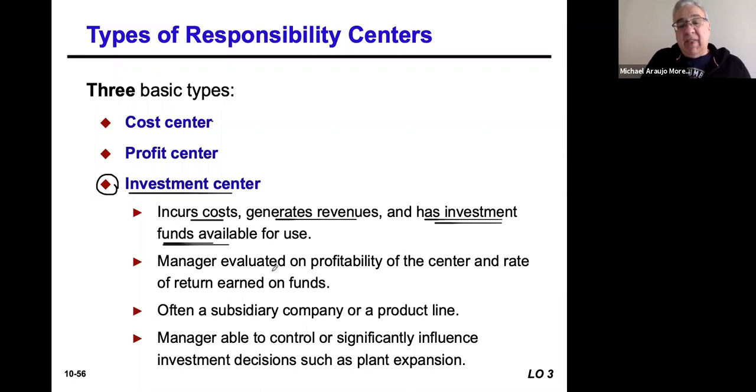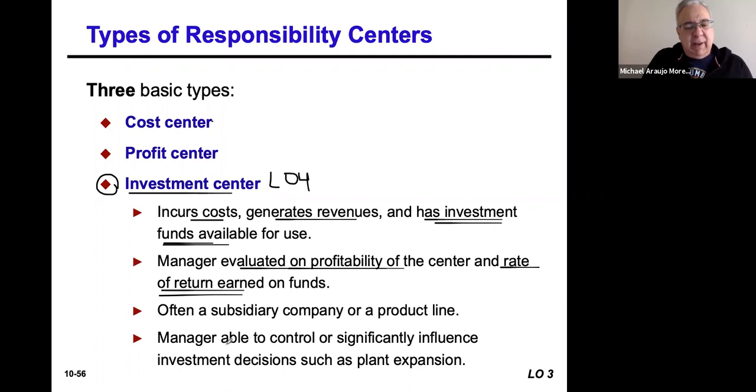And so they're evaluated not just on their profitability, but on the rate of return that's going to be earned. We're going to be learning a lot about that in Learning Objective 4. That's going to be the next big thing we're going to be looking at.